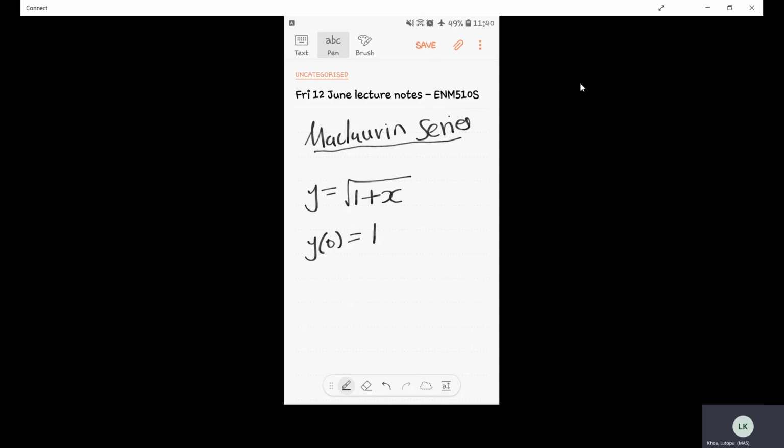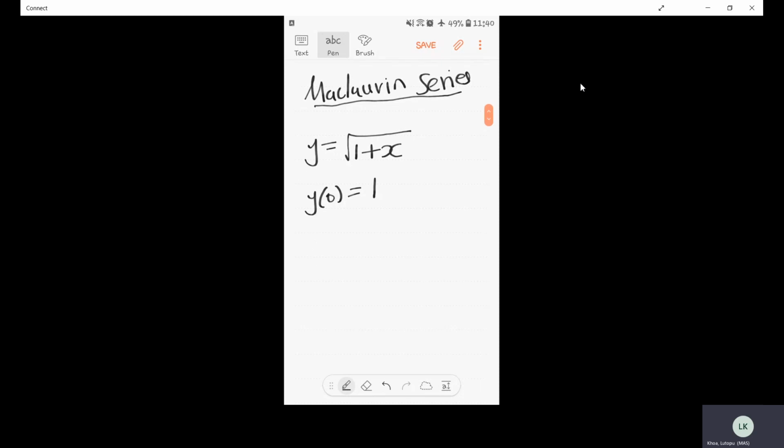And then you find the derivative. So here you can see that rewriting a function as a Maclaurin series is one of the applications of differentiation. So I find the first derivative, y prime. This is equal to, the half will come down, the inside will stay as it is, and then the exponent will decrease by 1.